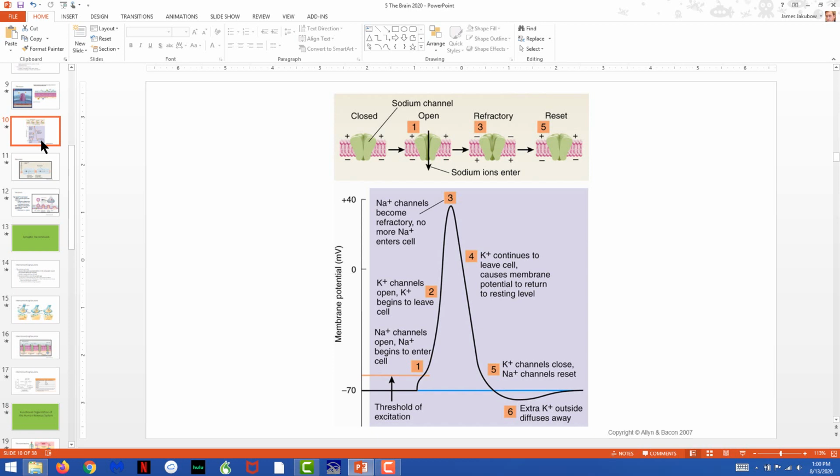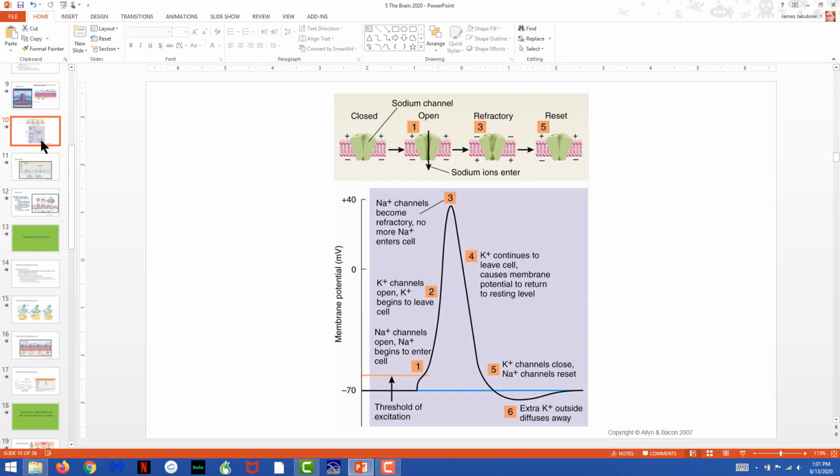If the inside of the cell is -70 relative to the outside, and you start having positively charged sodium come into the cell, then the inside of the cell is less negative. So it goes from -70 to -60, -50, -40, and so forth. And so the inside relative to the outside starts going up and is eventually going to reach positive 40 millivolts.